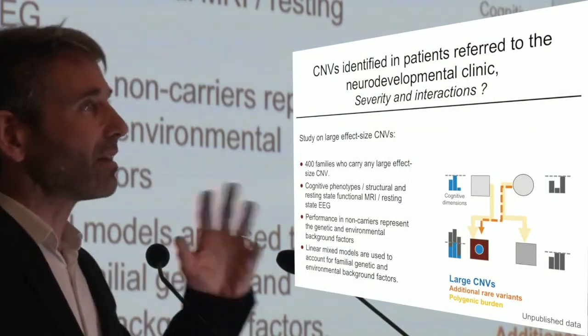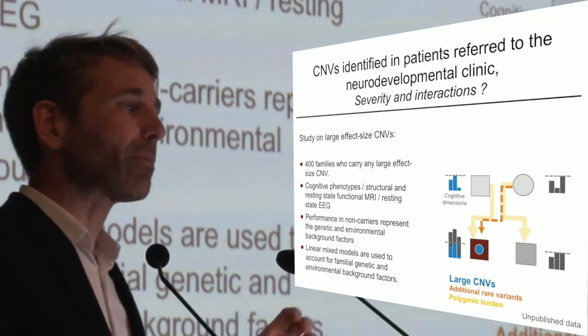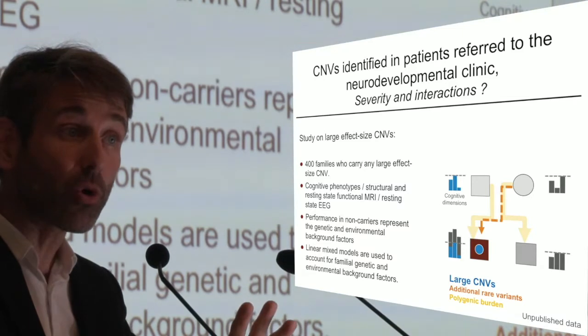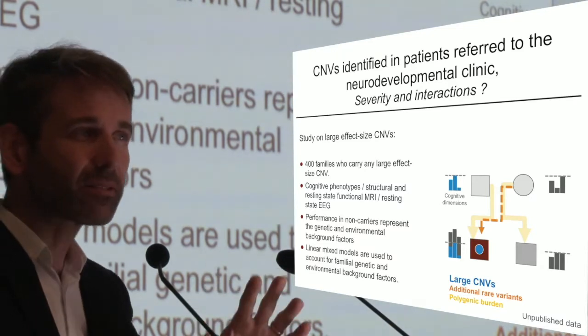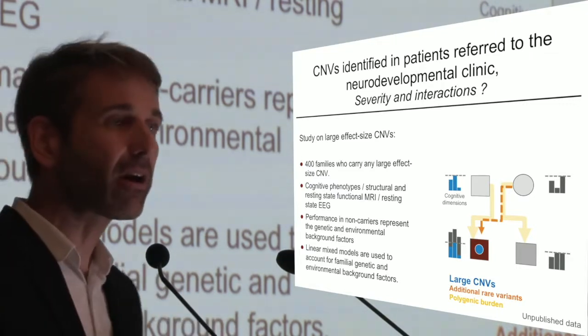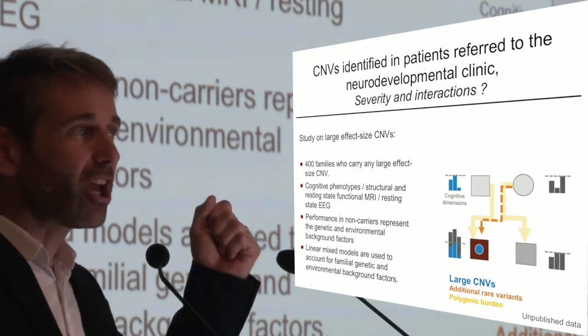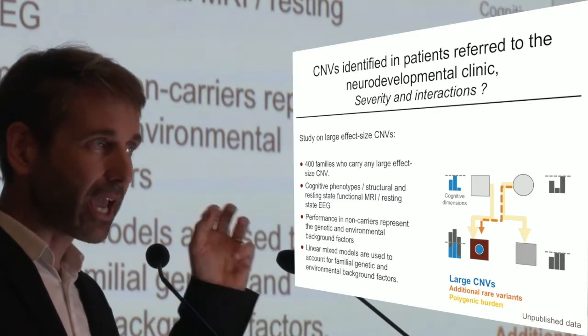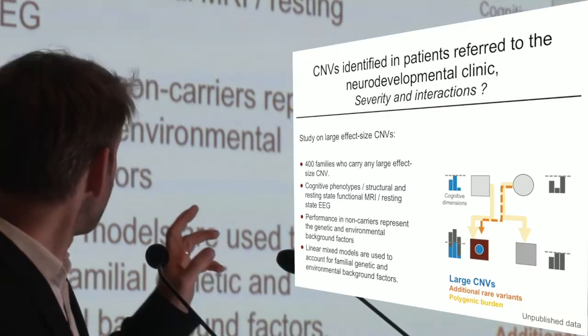So then we're like, okay, that's the general population. As George highlighted, a lot of the general population cohorts, or even the autism cohorts, are biased. Some of the most severe cases are not in there. What happens if we take the hardcore neurodevelopmental patients from the clinic and run these models? So this is what we do.